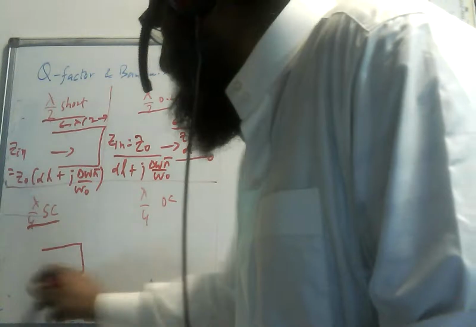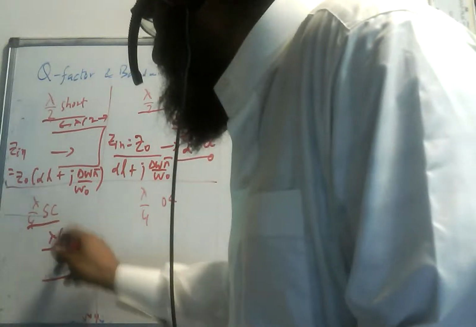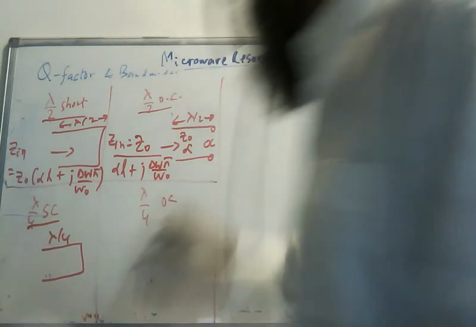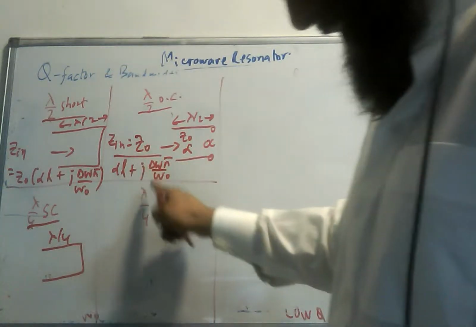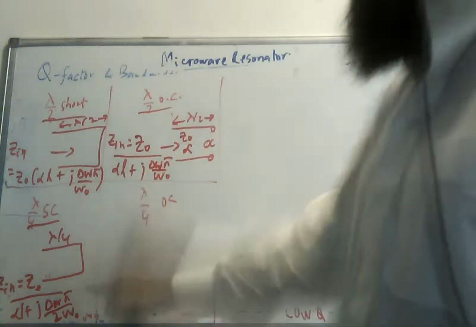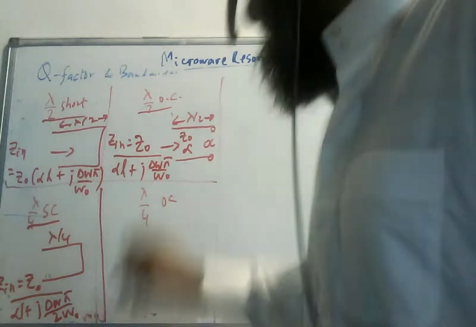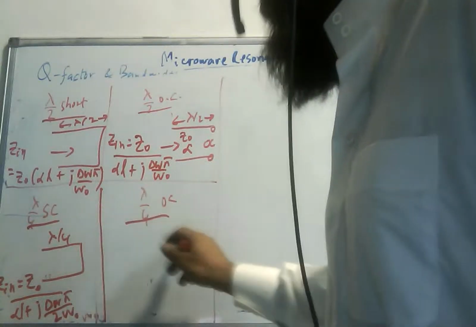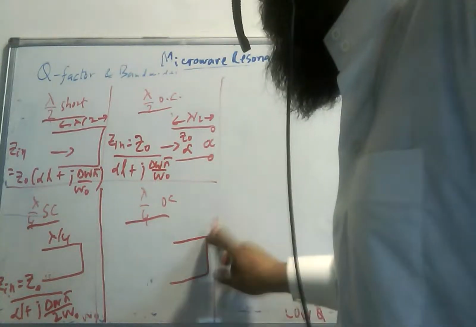So it's a smaller line, lambda by 4, and the input impedance is like that. The only difference is there is a 2 here. So Z input is Z0 divided by alpha L plus j delta omega pi divided by 2 omega naught. So it is very close to this. The only difference is the 2. And the last one is the lambda by 4, a smaller circuit, and there is an open here.